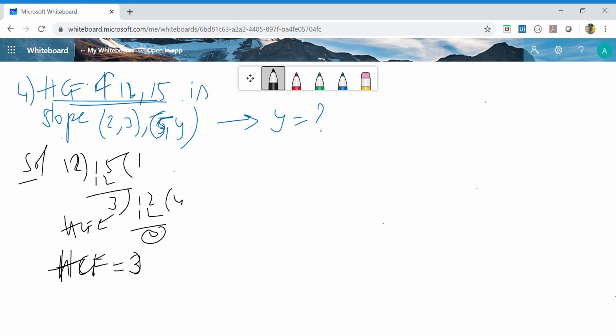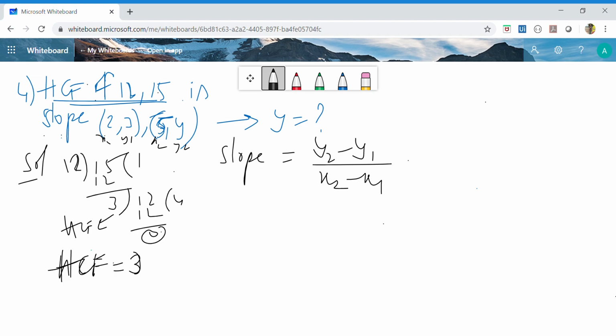Then what you have to write? Slope. So what is the slope of 2 points? The slope of a line joining any 2 points is (y2 minus y1) by (x2 minus x1). This is x1, y1 and x2, y2. So slope is given as how much?